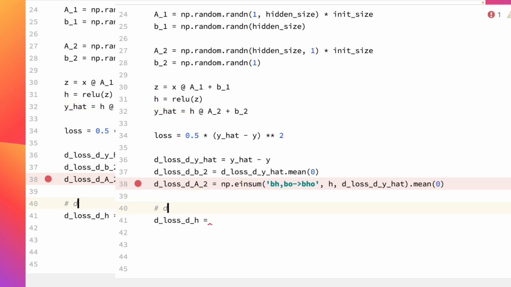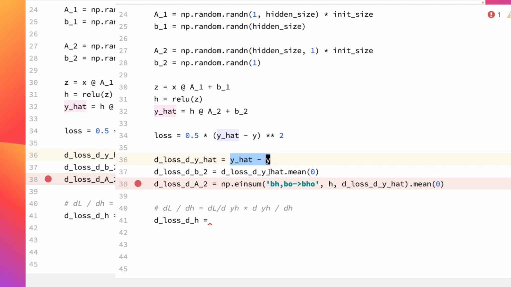Basically, d loss by dh equals d loss over dy hat times dy hat over dh. So we know this. That's it, right?